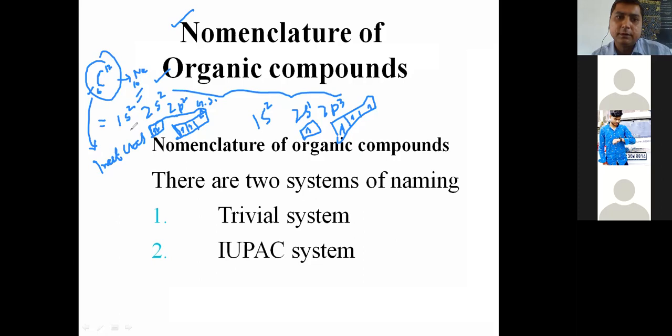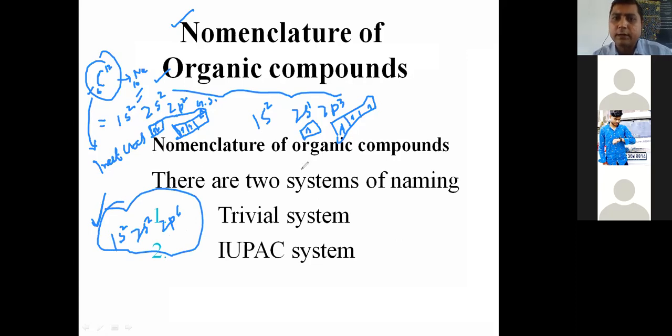Neon's electronic configuration is 1s2, 2s2, and 2p6. So carbon requires 4 electrons to convert into the electronic configuration of neon.